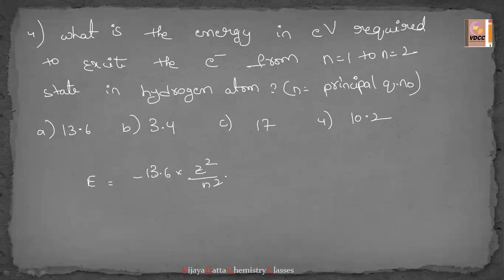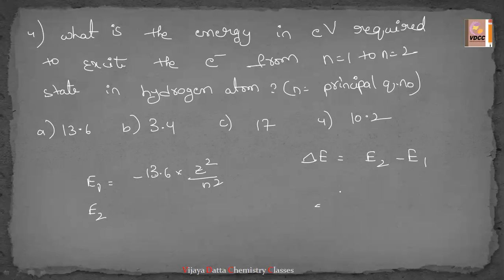Here electrons are exciting from n equal to 1 to n equal to 2, jumping from the first orbit to the second orbit. So we have to calculate the change in energy, delta E equal to E2 minus E1.